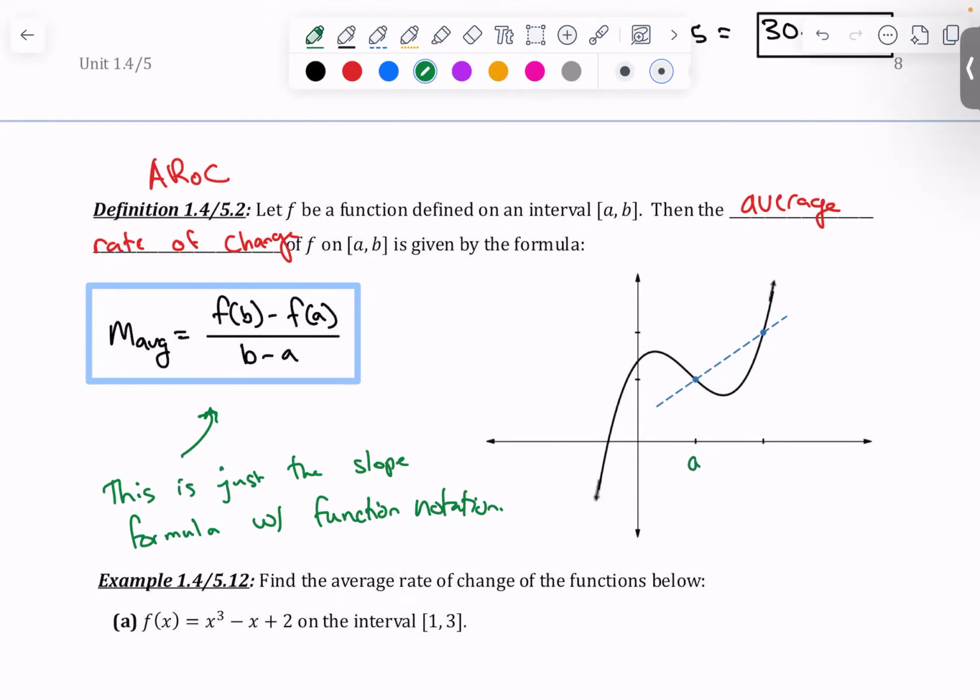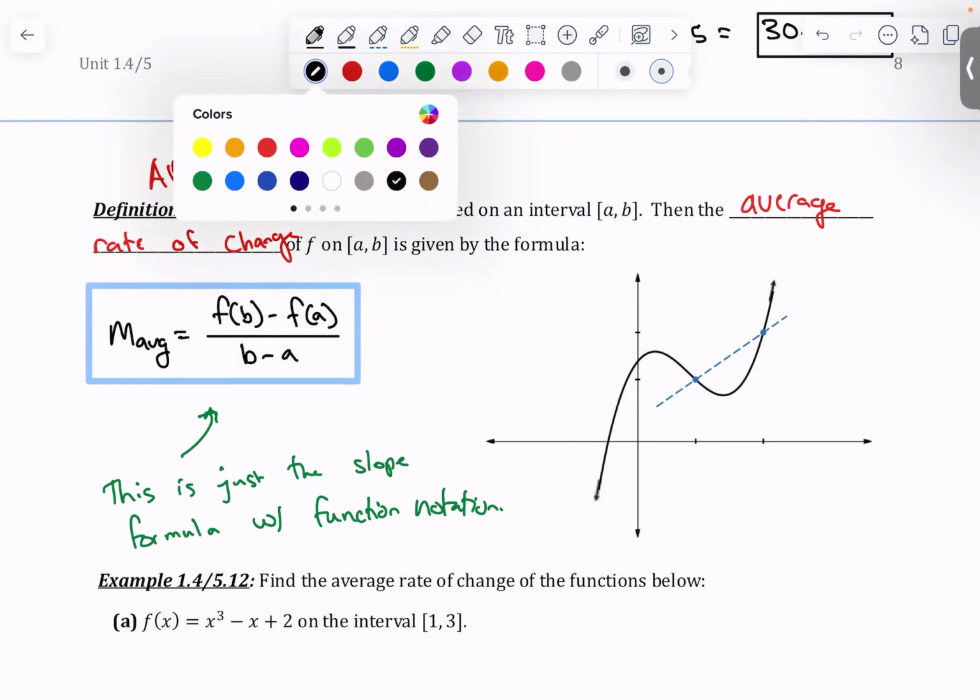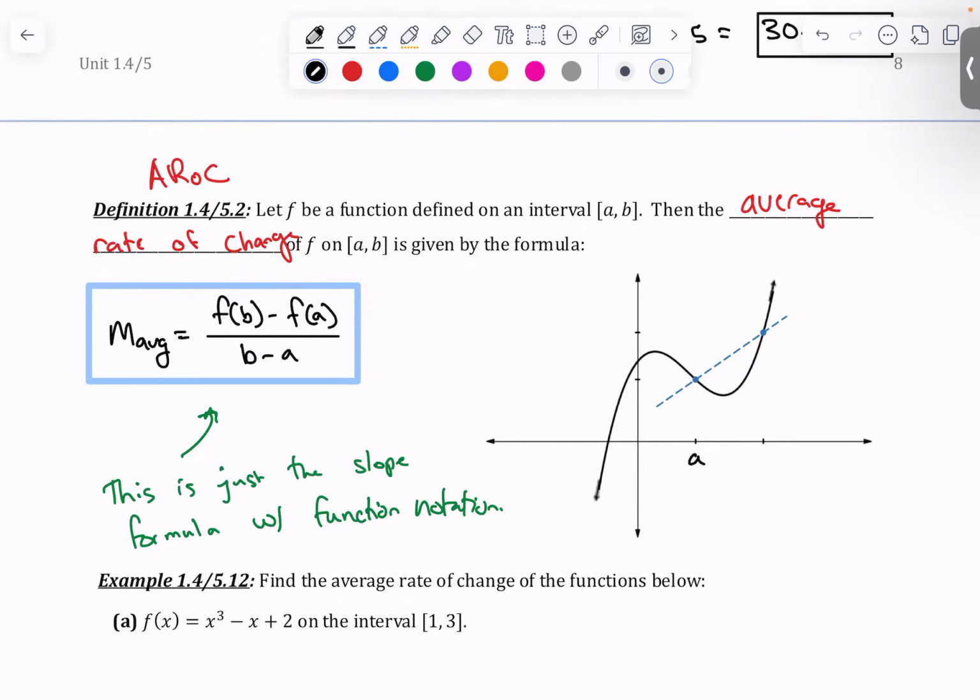This is a right here. This is b. And then remember, the y value of your point is the function evaluated at that x value. So this is f of a. And this is f of b. So then this means that this is the point right here.